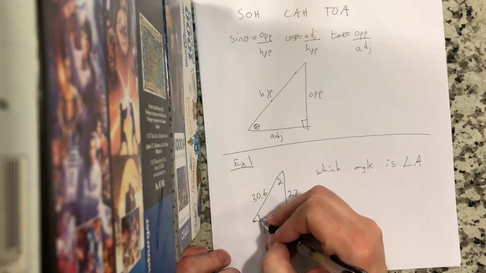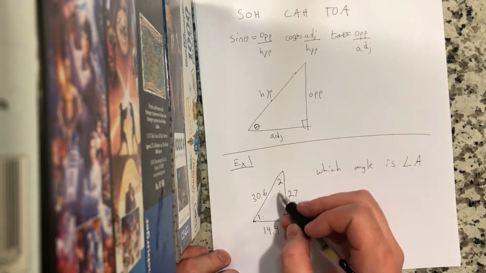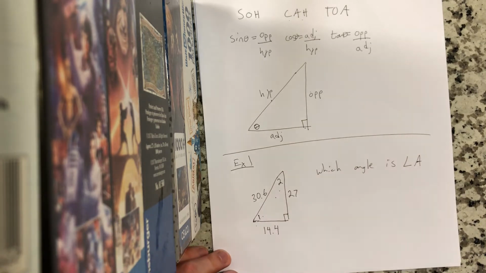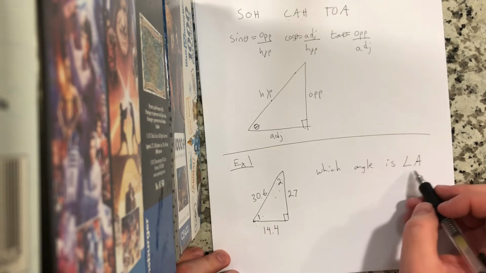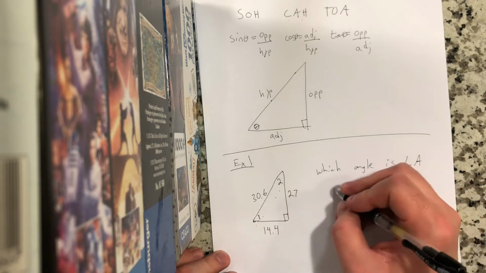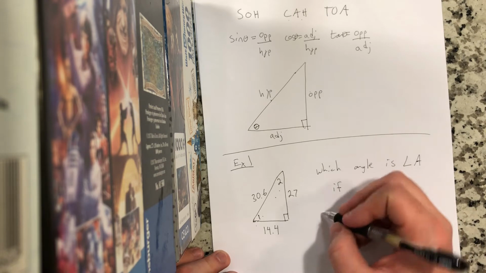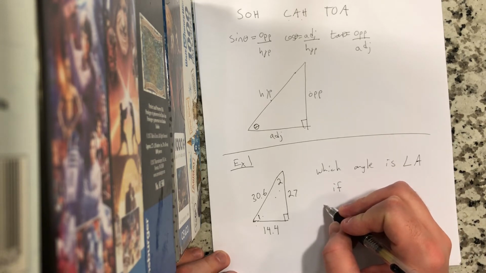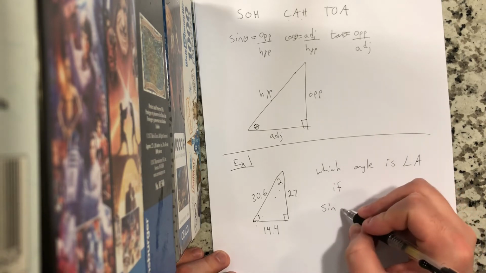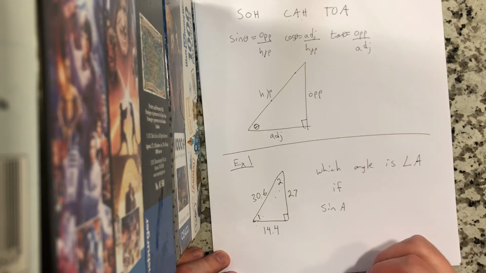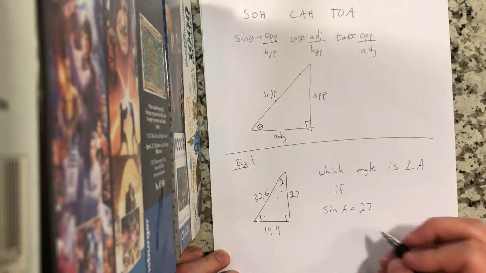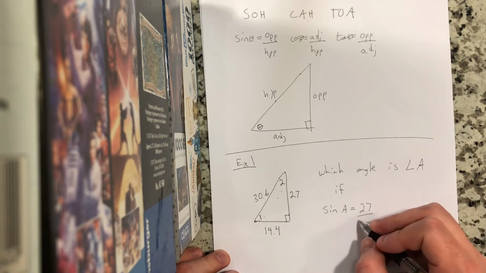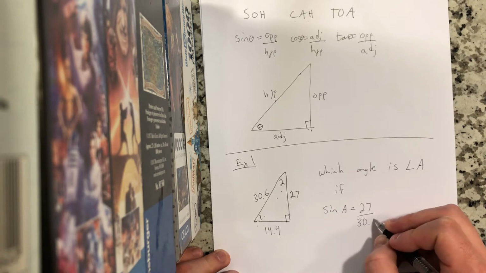These are not the number of degrees. This is just a labeling, angle 1 and angle 2. So what we're going to do is figure out what angle is angle A if the sine of the angle A is equal to 27 over 30.6.